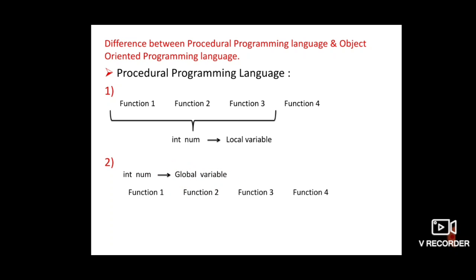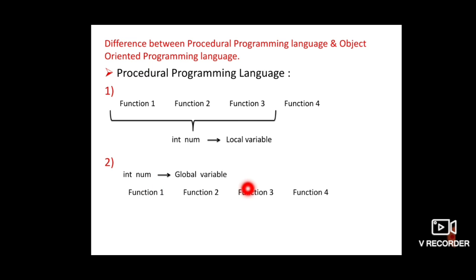So in this case, what can happen? Function 4 can make changes in this variable which are not suitable for function 1, function 2, function 3. Understood, student? In function 4 the num variable is not necessary, but suppose in function 3, whatever changes are made in the num variable, those changes are not suitable for function 1 and function 2.